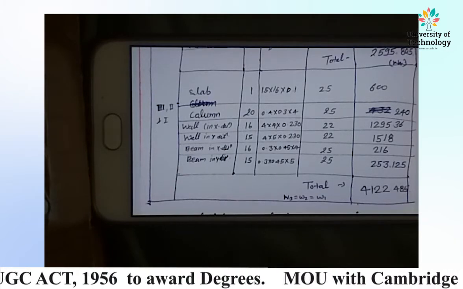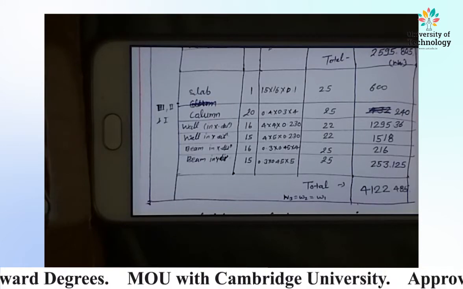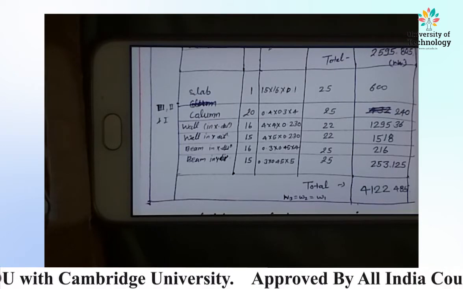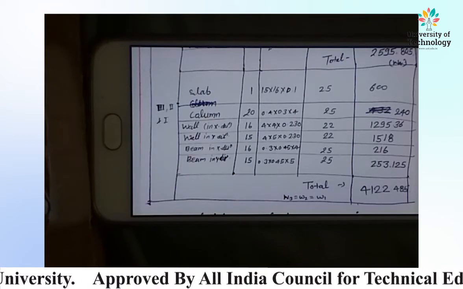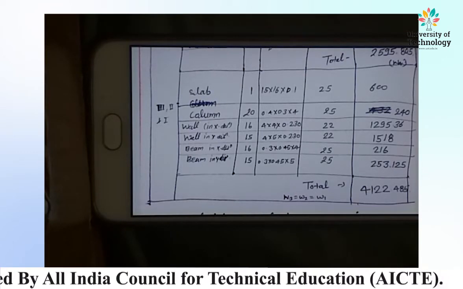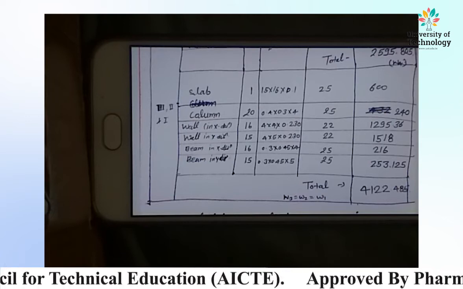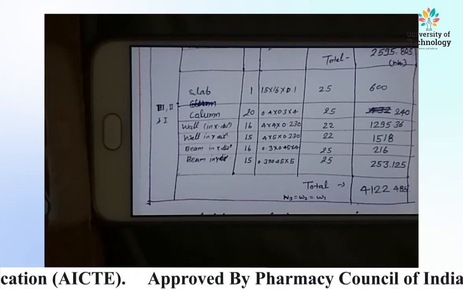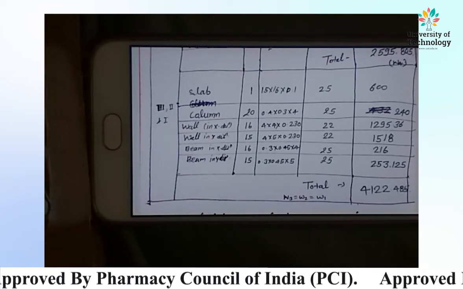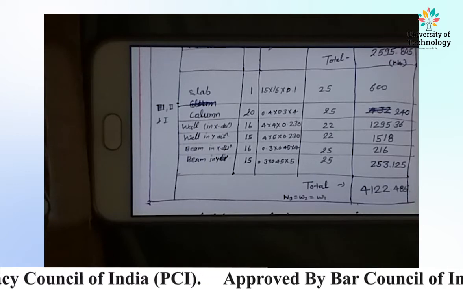After multiplying this unit weight by the volume, we get the weight of 600 kilonewton.